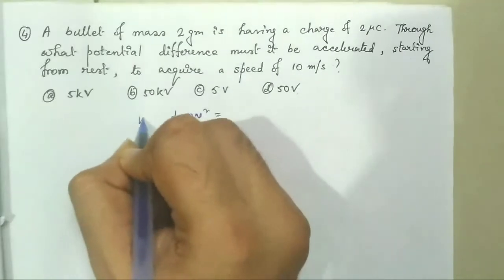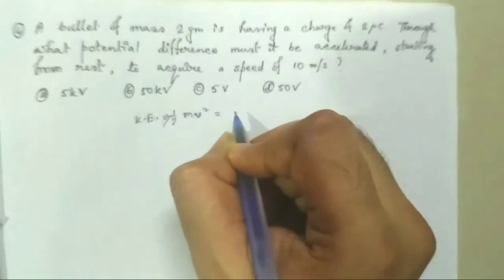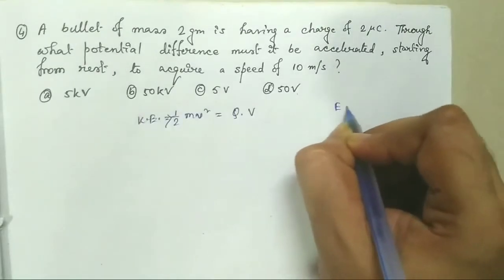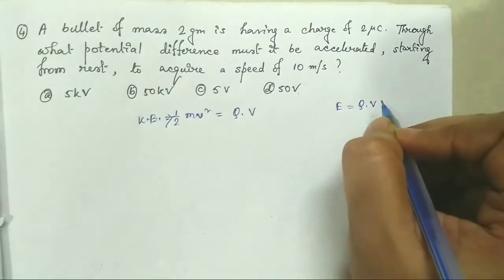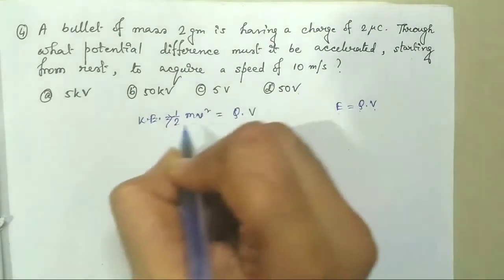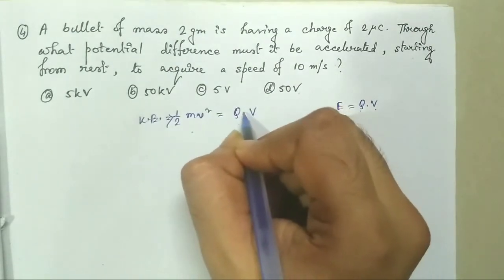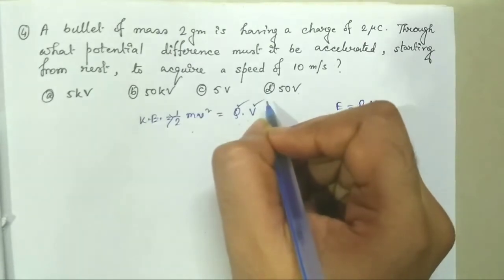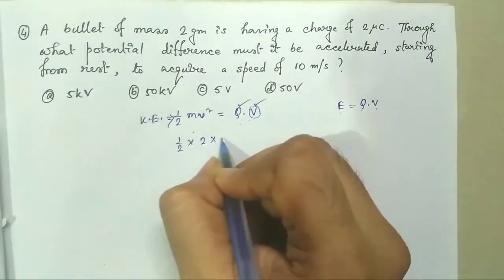This is the kinetic energy, and this energy should be equal to q into V, because we know the energy is given by the charge into the potential difference. So these two energies should be the same. Here q is the charge and capital V is the potential difference. Now we have to find this potential difference.